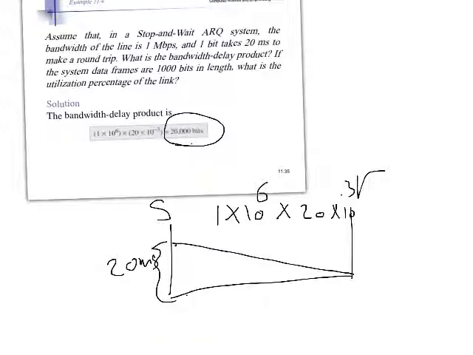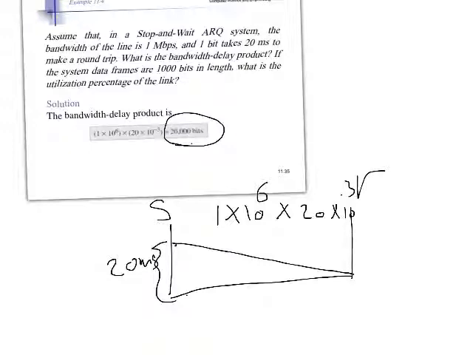Okay? Then another added information is that if the system data frames are 1,000 bits, what does that mean? This means that during this 20 milliseconds, using stop and wait, I will send one single frame, right? Because I have to send one single frame and then wait for the acknowledgement to come.